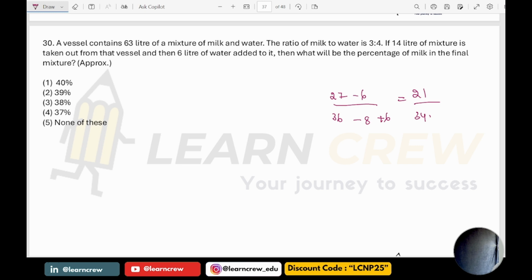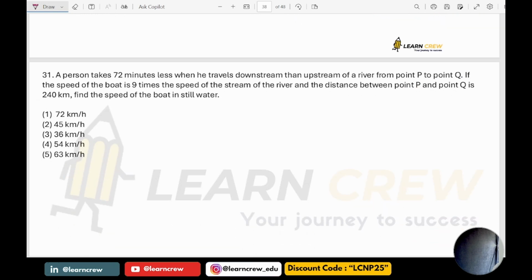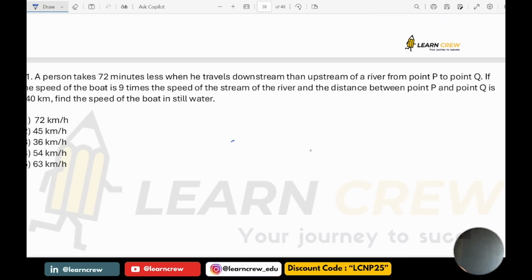Thereby out of 55 you have 21 milk. 21 out of 55 is how much percentage? The answer is approximately 38%, 38 point something.